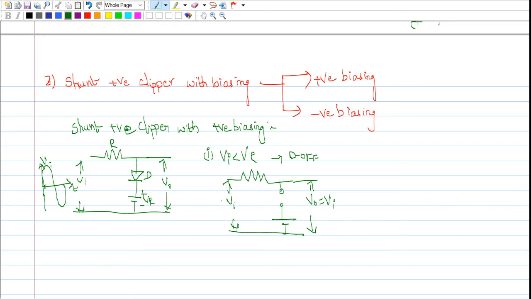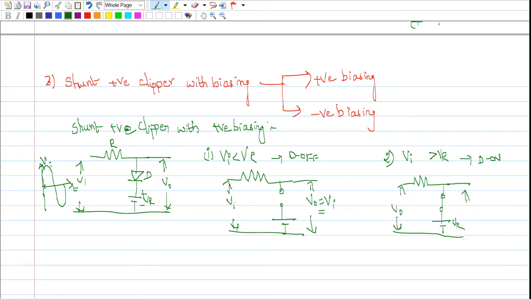This is the first equation, and the second condition is when Vi is greater than VR. For the higher voltages, greater than VR, the diode is on and conducting, like a short circuit.